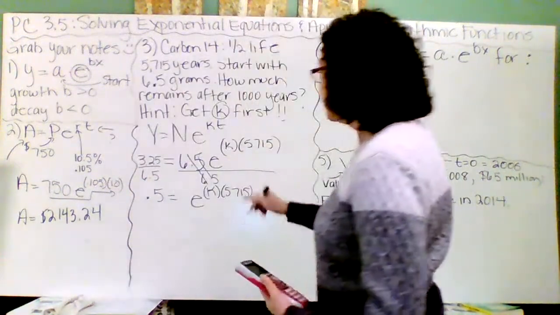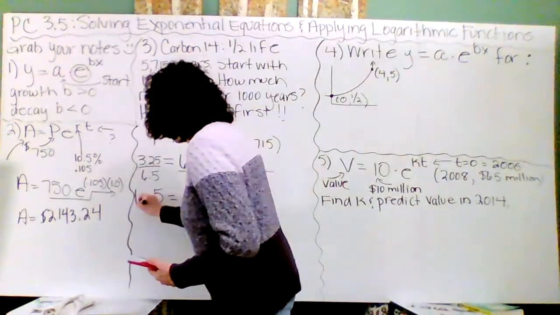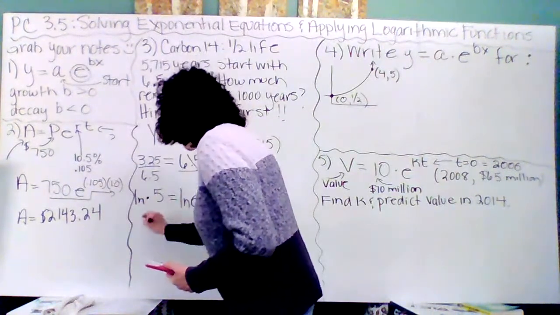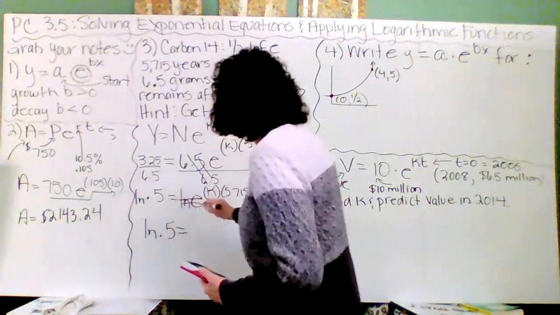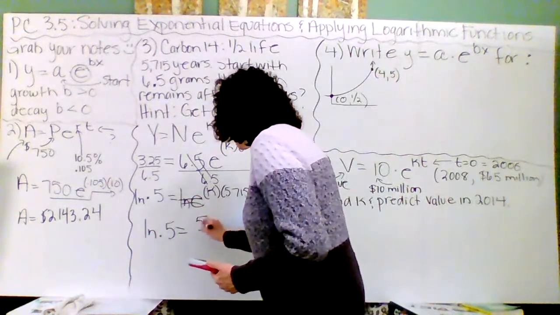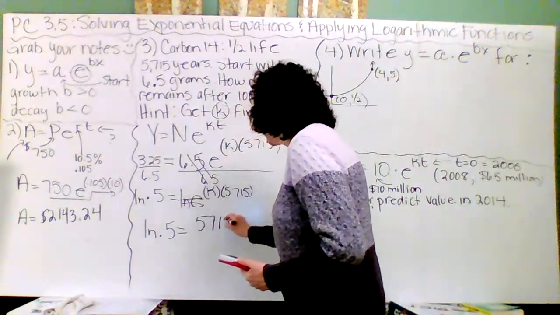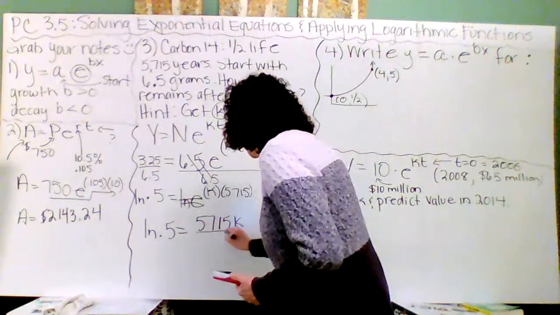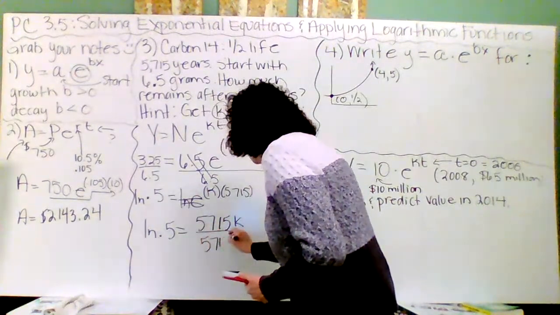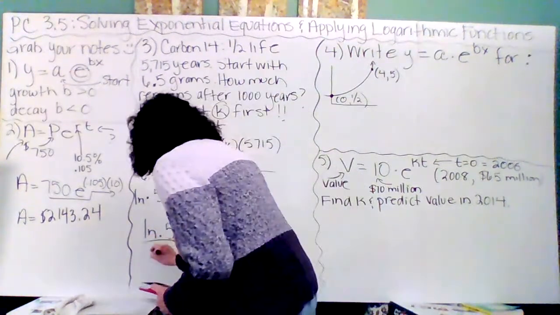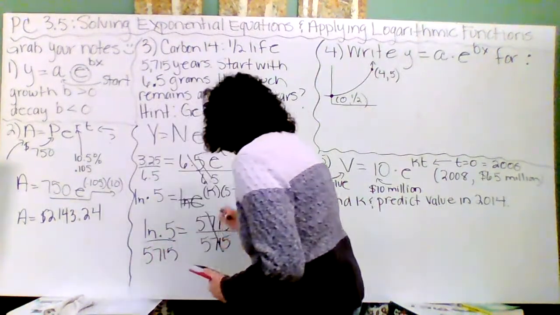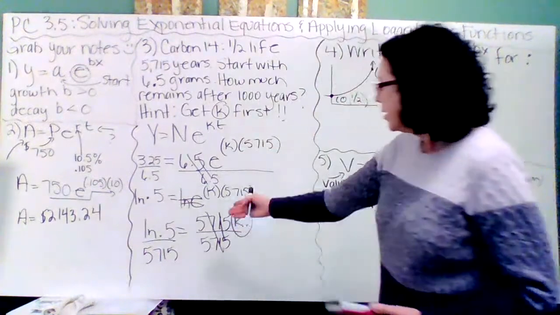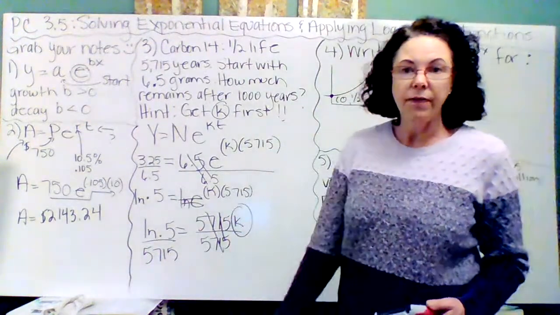Okay. Now I can take the natural log of both sides. And I have the natural log of 0.5 equals, natural log of e cancels, 5,715 K, and I'll divide by that. So notice, whenever you want the K and you have the half-life years, won't it always be the natural log of 0.5?